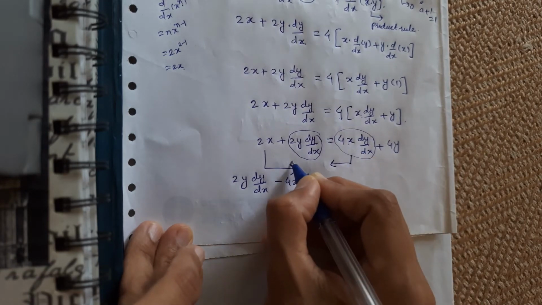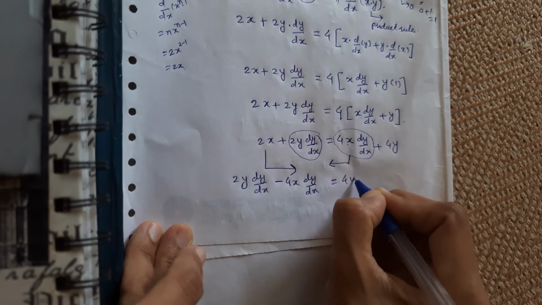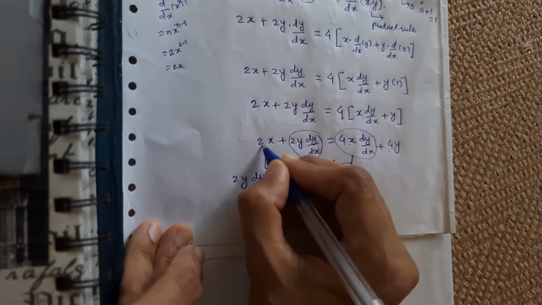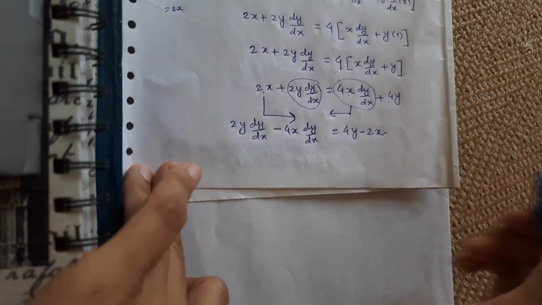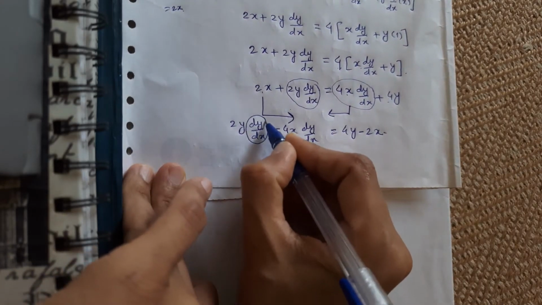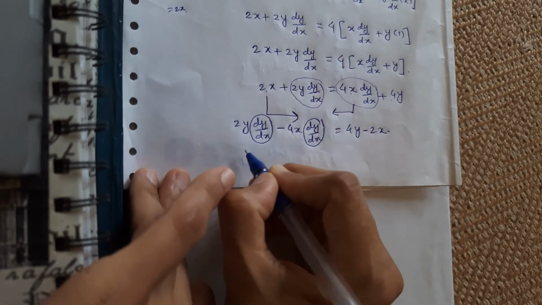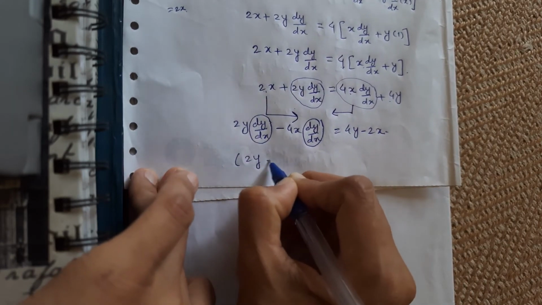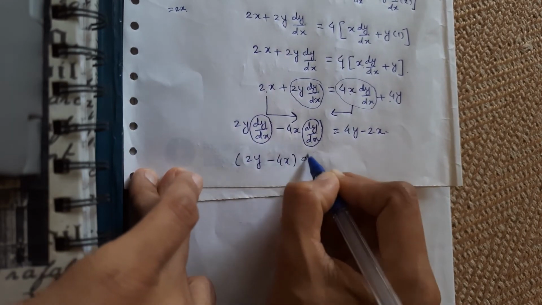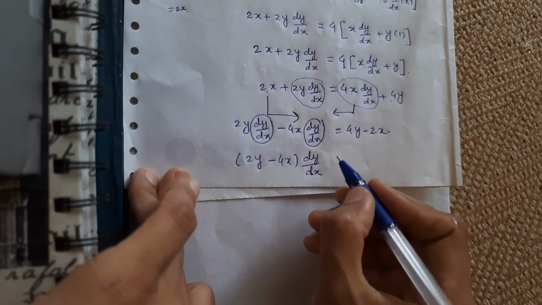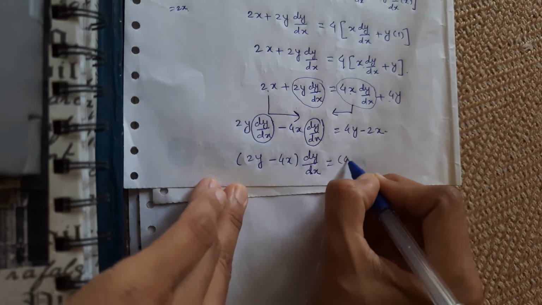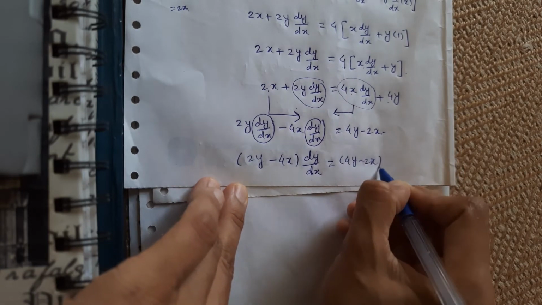I shifted this term here equal to 4y and this term to here, so it will become minus 2x. Okay, now take common dy by dx. So remaining terms are 2y minus 4x into dy by dx. I just took the dy by dx outside, equal to 4y minus 2x.